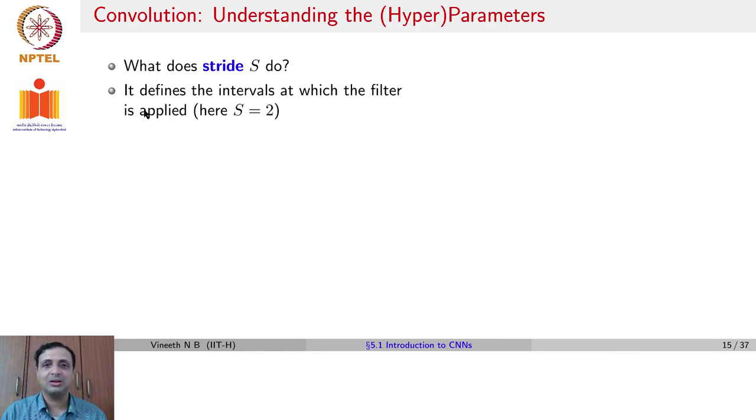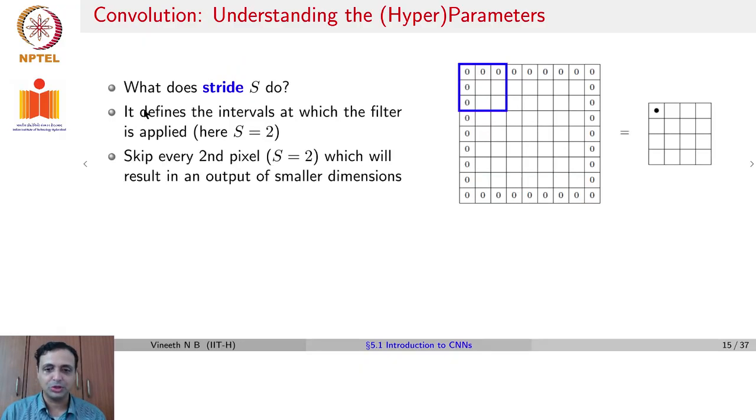And that decides what your stride is. So if you went to the immediate pixel, your stride is 1. That's the standard convolution. If you went 2 pixels further, your stride is 2, and that's where stride comes into the picture.